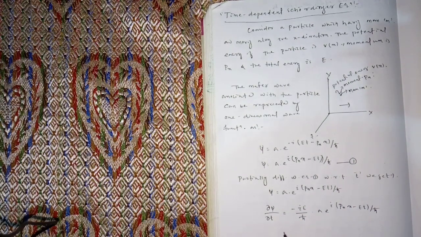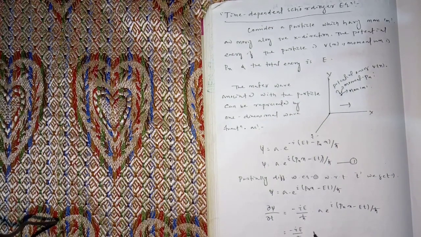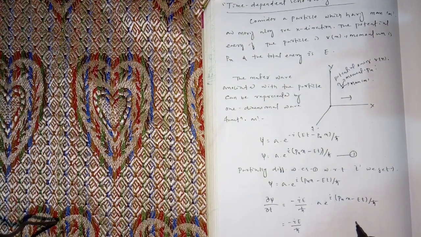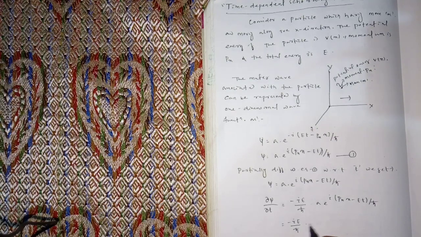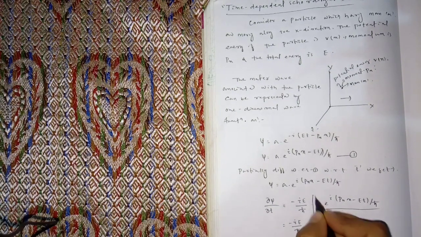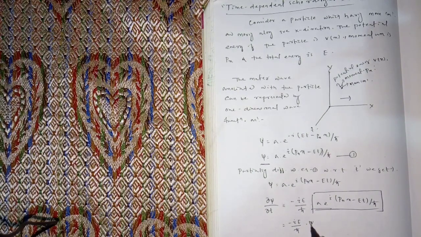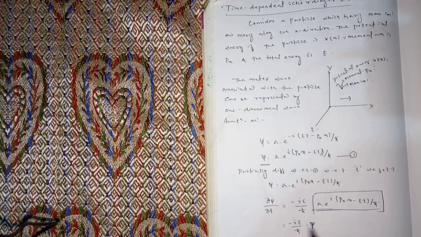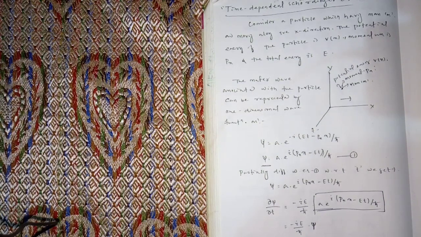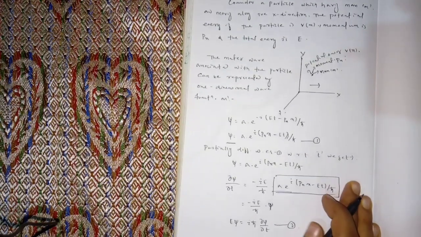So we can write this as minus i E by h cross into psi, which is the same as equation 1. So E psi equals i h cross dou psi by dou t. We name this equation 2.